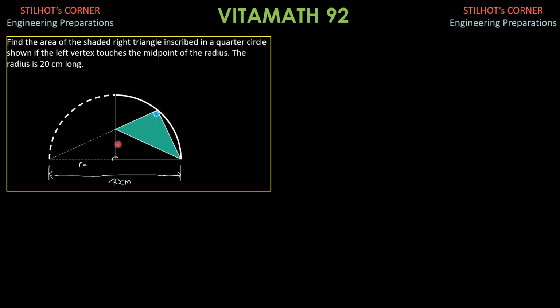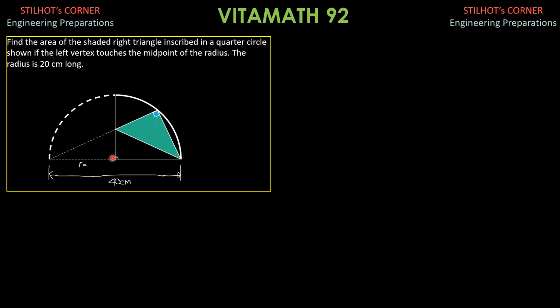But take note, this is r over 2, this is r, so we can find the slope of this. And if we drop a line from this right corner, right end vertical line, that's the height of this big triangle here. And the measure of the angle here is theta, which is the same as this. So the slope is the same.